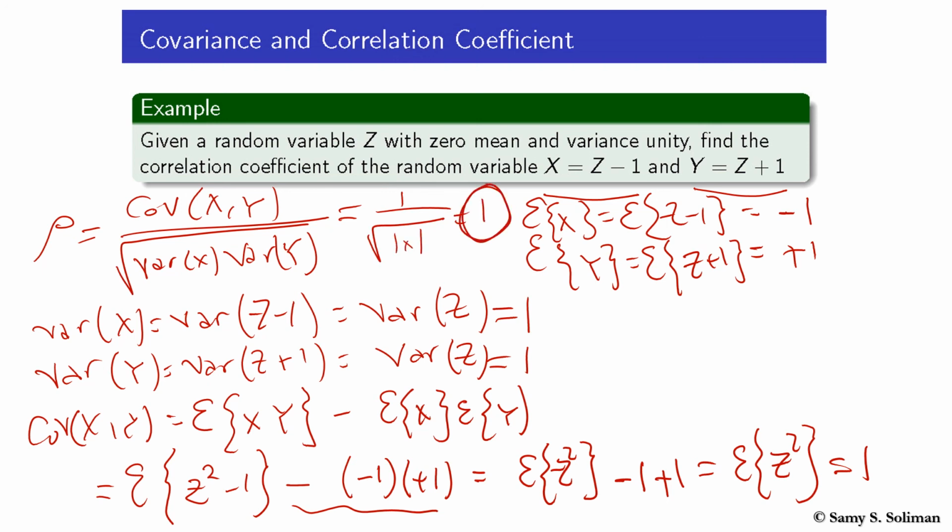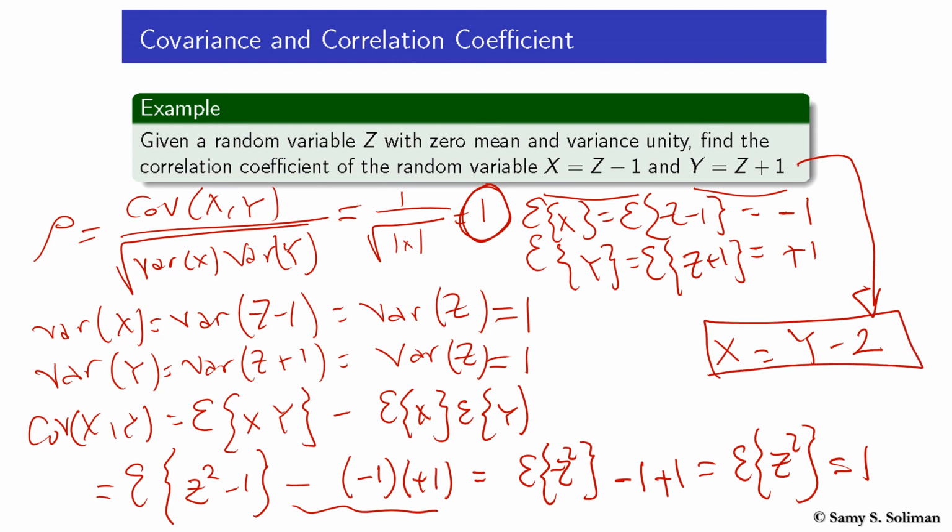We could have concluded this correlation coefficient if we noticed from the beginning that x and y are related, and that, for example, x can be written as y minus 2. So x and y are linearly related. They are two random variables that are linearly related, and the relation is positive, and that means that the correlation coefficient is equal to +1.